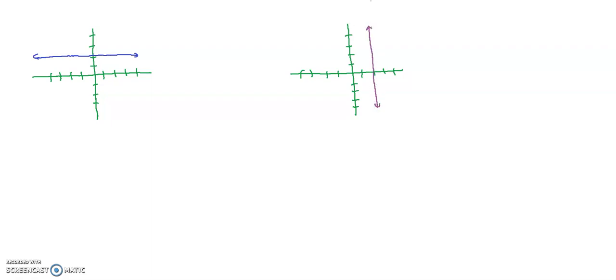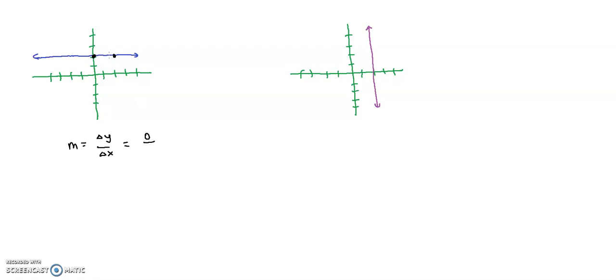So horizontal and vertical lines are a little bit unusual because when you count out the slope, it's a little bit weird. So let's say that we go between any 2 points on our horizontal line. Remember for slope, we're looking for change in y over change in x. So looking at the horizontal line, what's our change in y? We don't move up or down, so our change in y is 0.